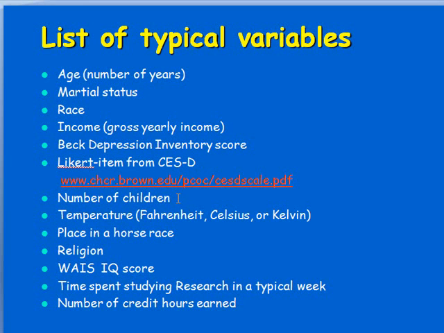The next example, number of children. I told you earlier that count variables are what? That's an example of a ratio variable. Okay, temperature. I already said that Fahrenheit was an example of an interval. Similarly, Celsius, 0 Celsius, although it represents freezing, doesn't represent an absence of temperature, because you can have negative degrees Celsius.